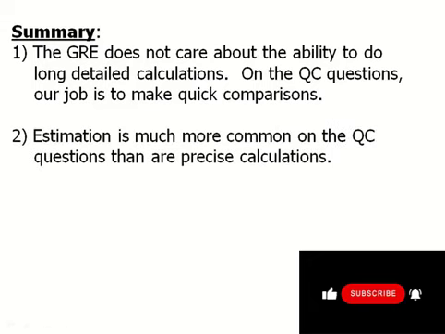Estimation is much more common on the quantitative comparison questions than are precise calculations. You might estimate on more than half of the quantitative comparison questions. It's actually very, very rare to have a quantitative comparison question on which you have to do a precise calculation.